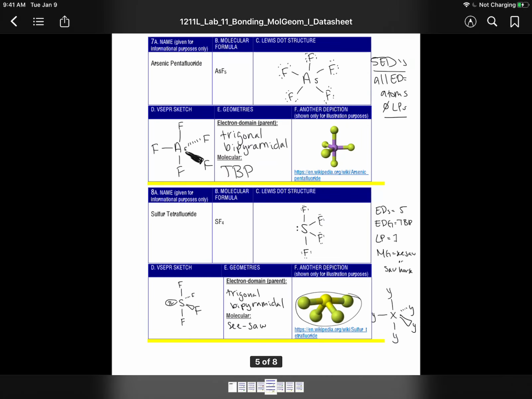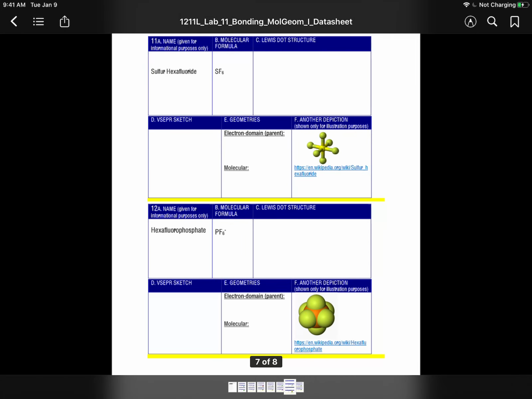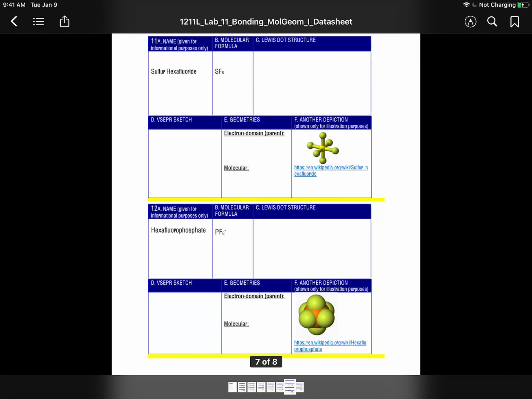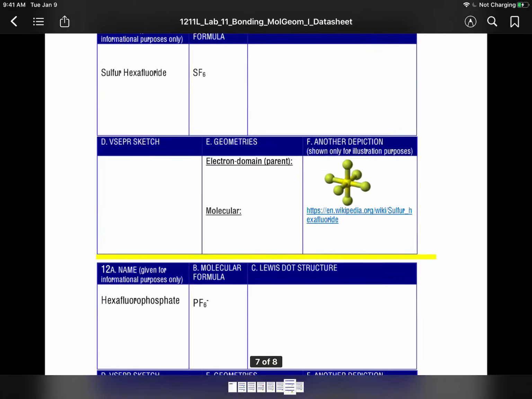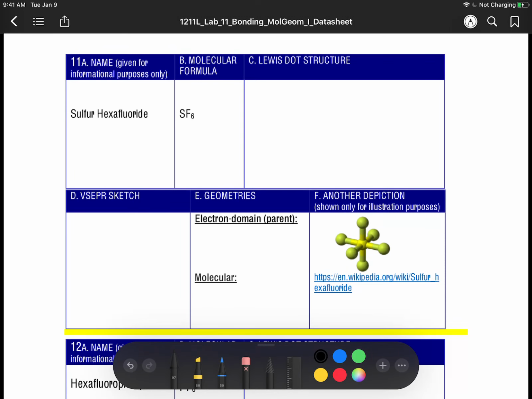Let's try 2 more examples. Let's try sulfur hexafluoride. Sulfur hexafluoride has a Lewis structure that looks like this.